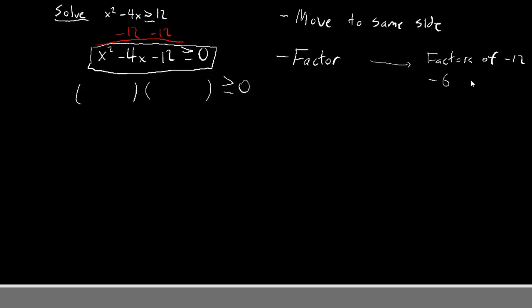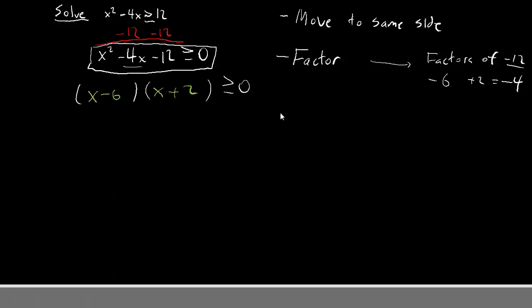We could try negative 6 and positive 2, because if you multiply them together, you do get negative 12. And negative 6 plus 2 is negative 4. That does match the middle number, so those are the right numbers to use. And we'll have x minus 6 and x plus 2 as our factors.